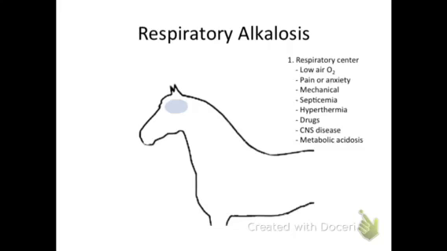Respiratory alkalosis is not a huge concern by itself, and that's because it doesn't tend to cause life-threatening alkalemia. Also, pulmonary gas exchange is not impaired, so you don't develop hypoxemia. There is only one cause of respiratory alkalosis, and that is stimulation of the medullary respiratory center in the brain.